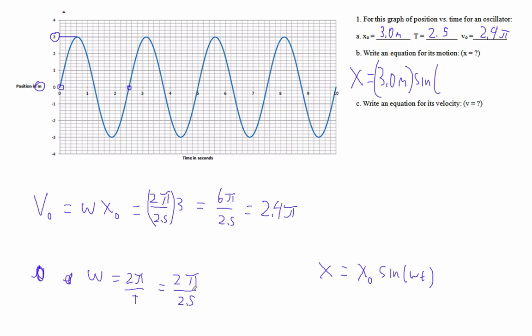So 2 divided by 2.5 is 0.8. 0.8 pi. That's our omega, right? Okay, so it's 0.8 pi times t. There we go.